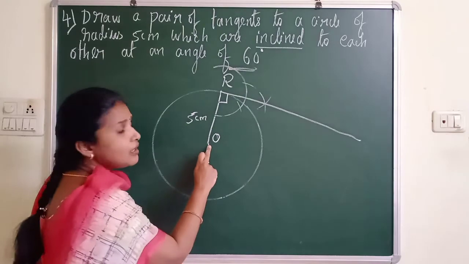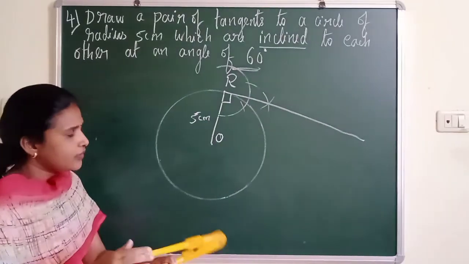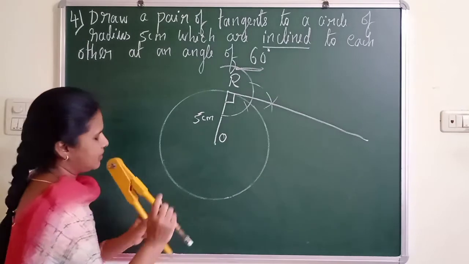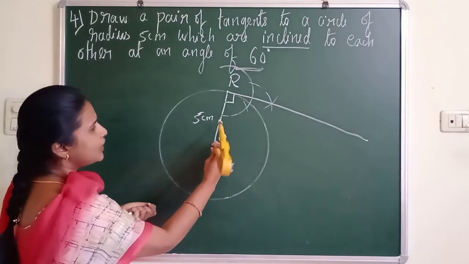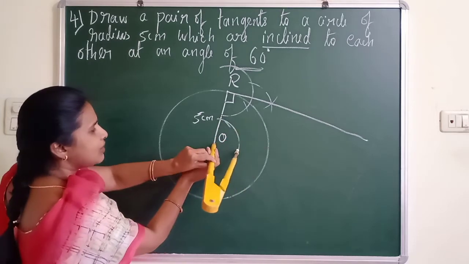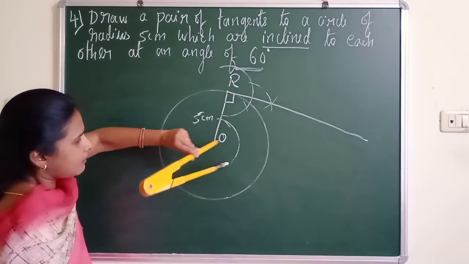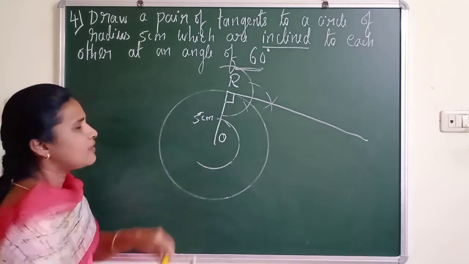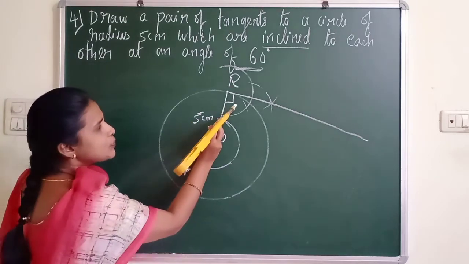Next I have to do here 120 degrees. How to do 120 degree? Without doing 120, I can't get another point here. So first you have to do 120. So for that, you know 120 is an obtuse angle. Be careful. So draw one semicircle and you can see this point of contact.